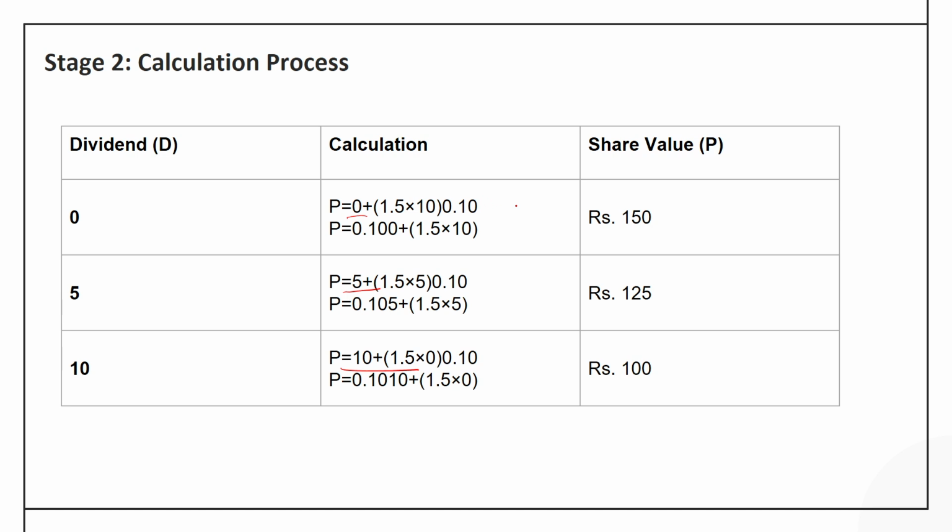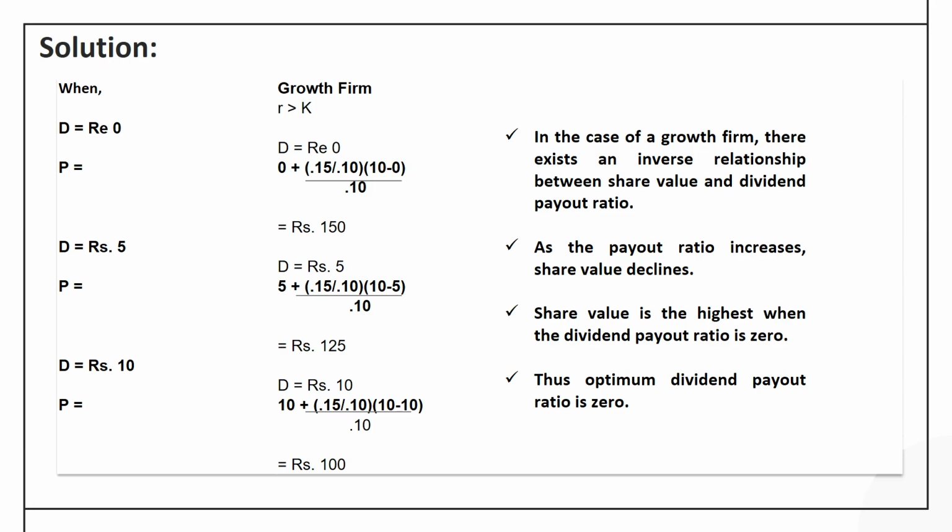In the first case, no dividend is paid out, secondly it is paid at 50%, and in the third case all of the earnings are distributed to the shareholders in the form of dividend. So, we can see the result. As we move towards the payment of dividend, it is very disastrous for a growth company, and we can see that the value has come down from 150 to rupees 100.